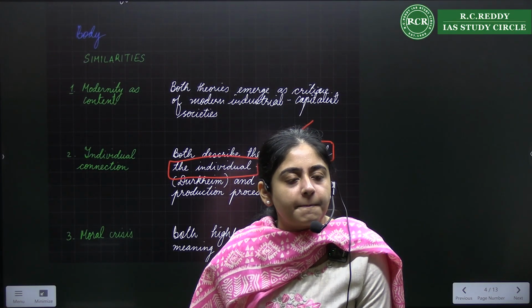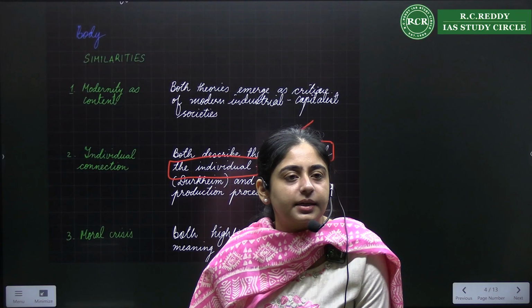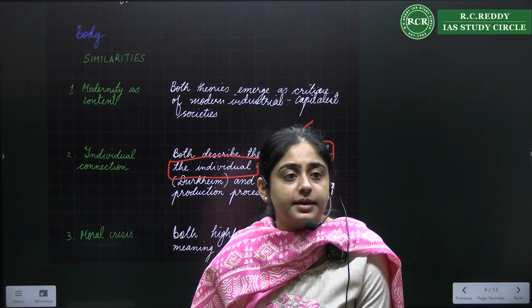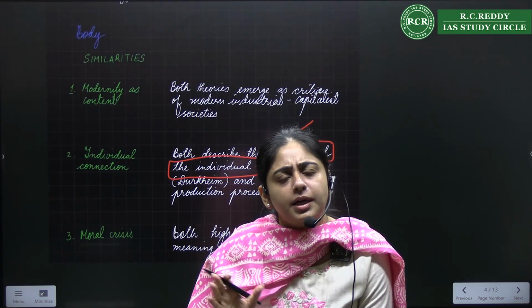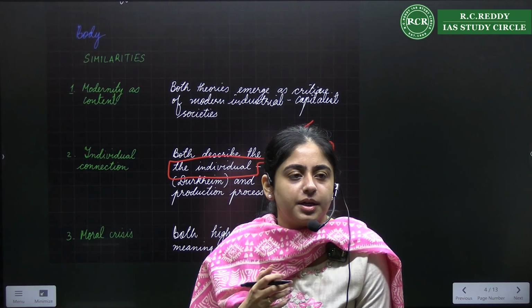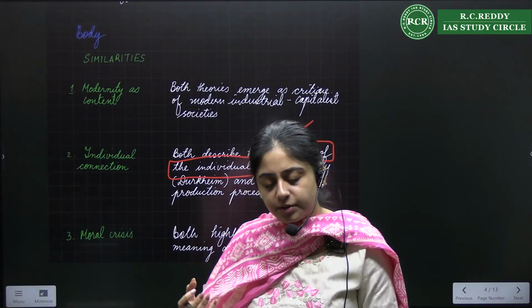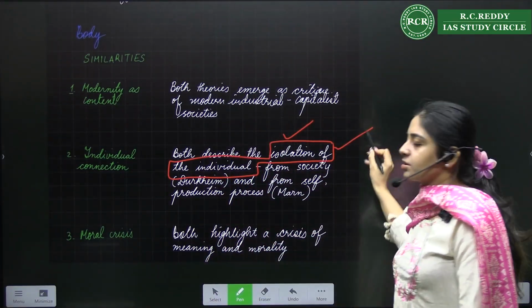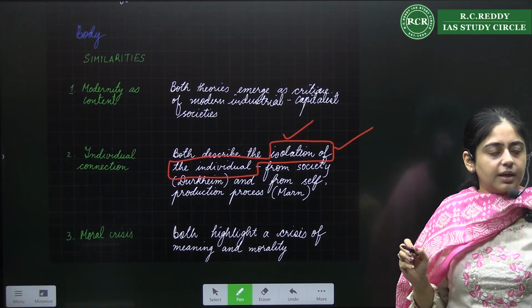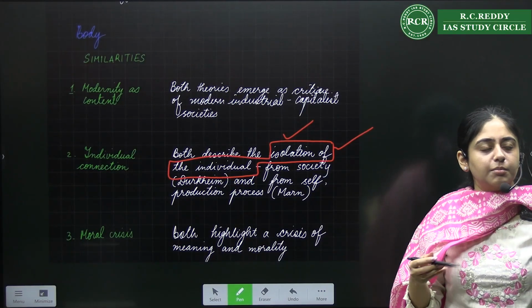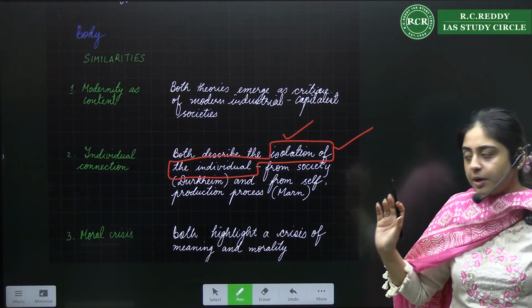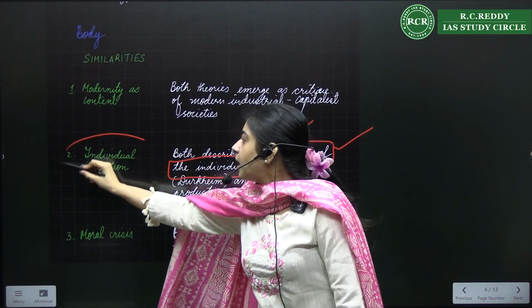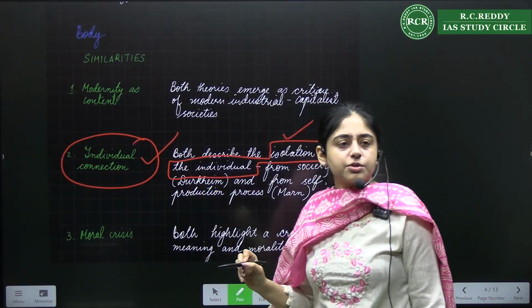For Durkheim, also it is a form of disconnectedness, but because norms are not clear and rapid social change is happening, right? But here you don't need to discuss that difference. You can just write that both of them are talking about isolation of the individual, right? How they see the emergence of this isolation is different. That you can discuss in the difference part. But both of them are talking about individual connection.